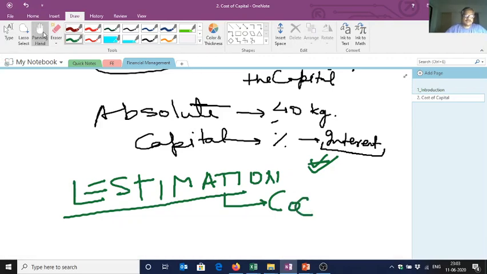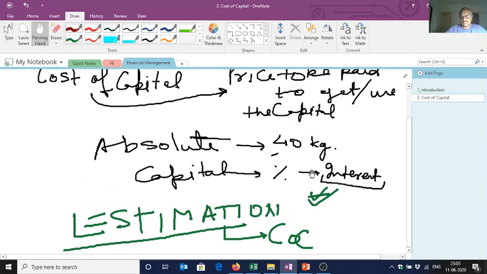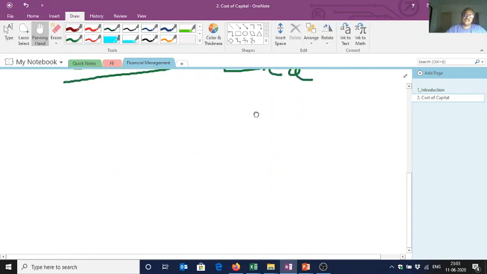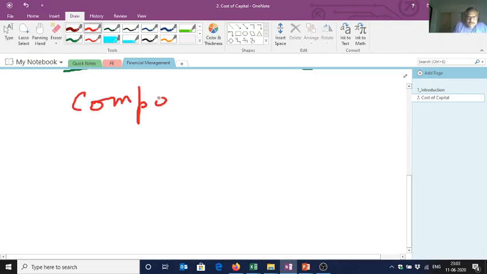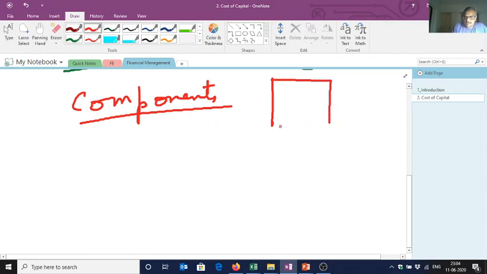When we say we have to estimate cost of capital, we have to understand in slightly more detail what the components of capital are. Broadly speaking, there are two broad varieties.